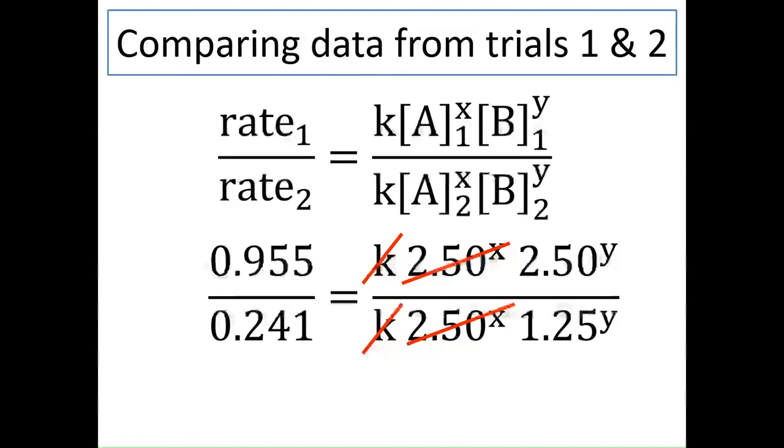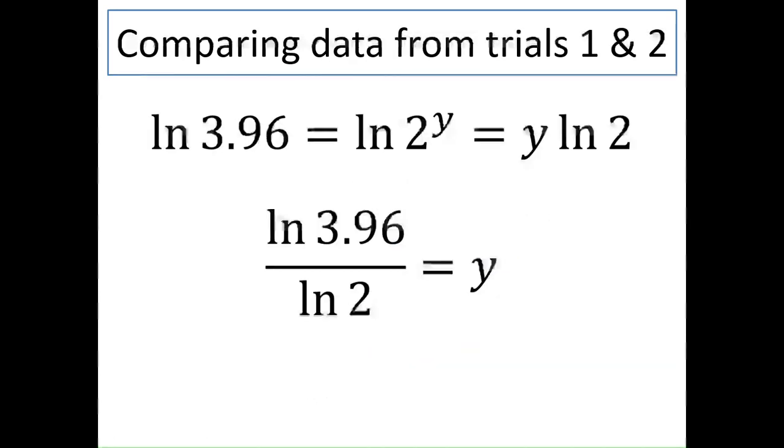So this leaves us with 2.5 over 1.25 to the Y, which is 2.5 divided by 1.25 is 2. So we end up with this when we do some math. Now we have to solve for Y, which is our whole purpose here. We're trying to find the exponent on B in our rate law.